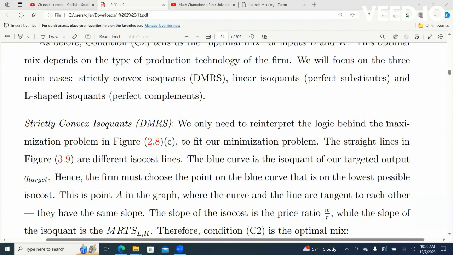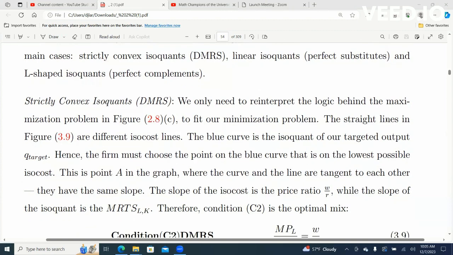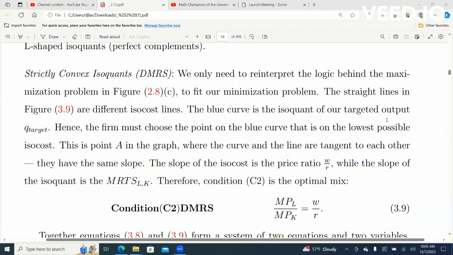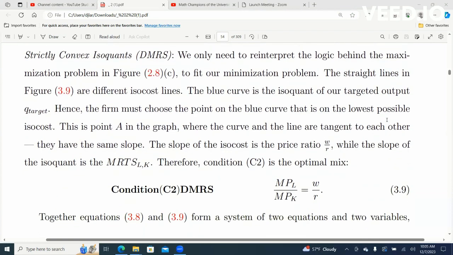They only have those three graphs: the Cobb-Douglas, the straight line linear, and the L-shaped. So, strictly convex isoquants, DMRS, definitely the most important. This is the Cobb-Douglas. We only need to reinterpret the logic behind the maximization problem.